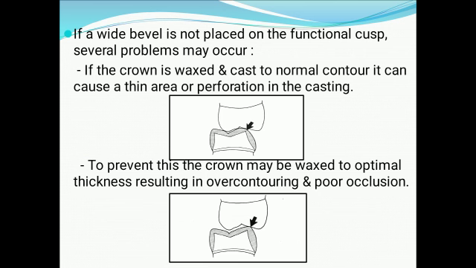If a wide bevel is not placed on the functional cusp, severe problems can occur. If the crown is waxed or cast to normal contour, it can cause a thin area or perforation in the casting. To prevent this, the crown may be waxed to optimum thickness, resulting in overcontouring or poor occlusion.